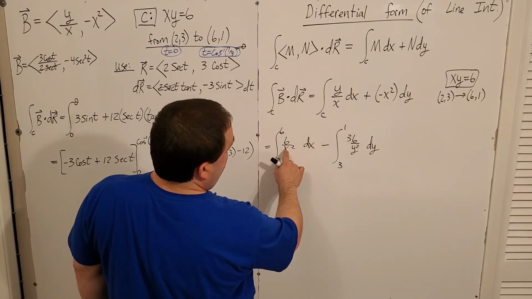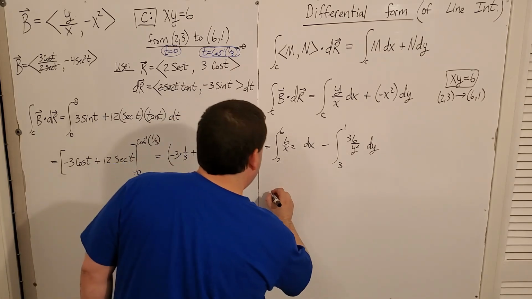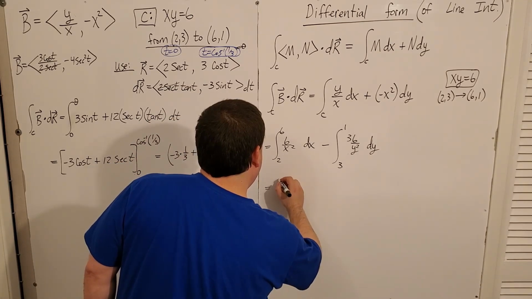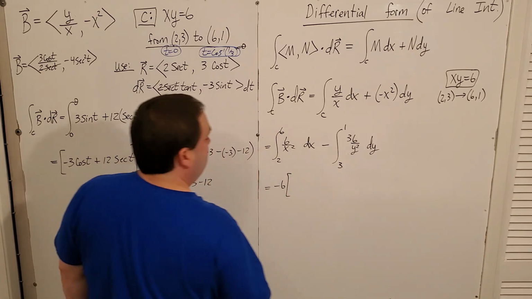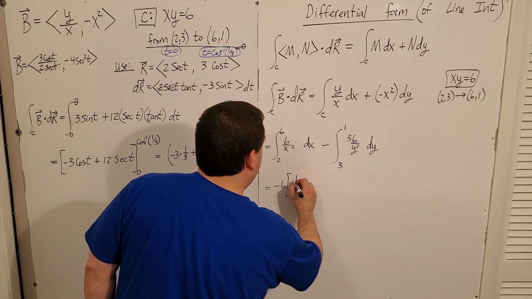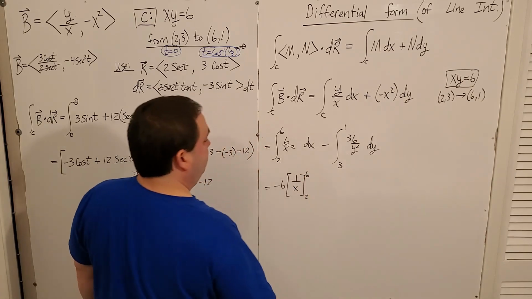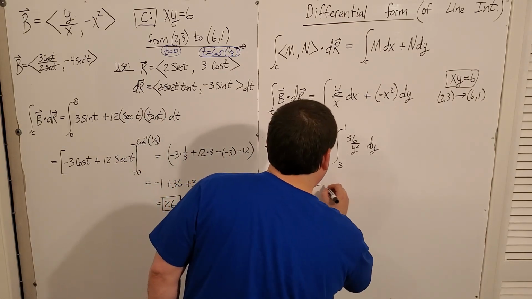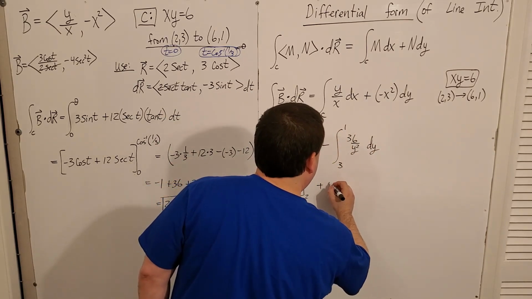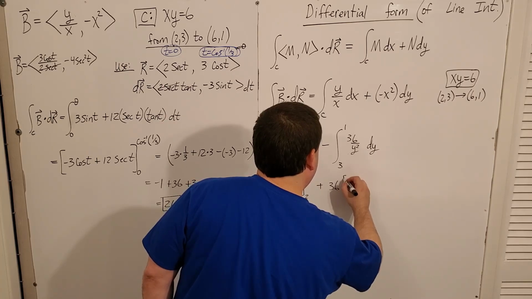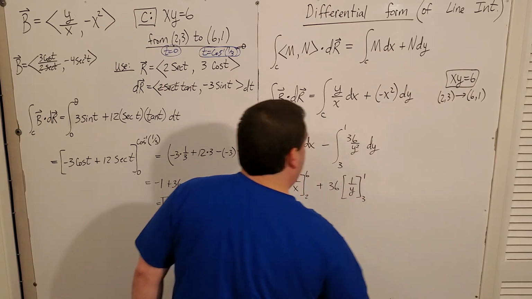Okay, so some pretty straightforward antiderivatives here. This is just going to be x to the -2 going up to x to the -1. So I'm going to have -6 times 1 over x, evaluated from 2 to 6, minus, of course, then that'll become plus because of the new power, 36 times 1 over y, evaluated from 3 to 1.